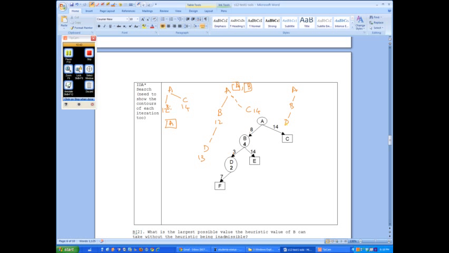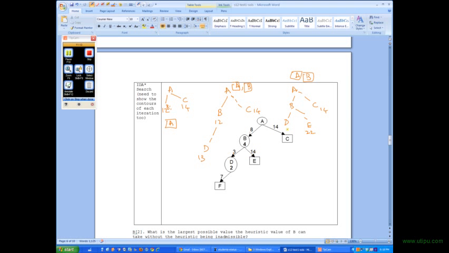Okay, and then again depth first search will do A expansion, B expansion. When it does A expansion, it will get C with 14. When it does B expansion, it will get E with 8 plus 14, 22.